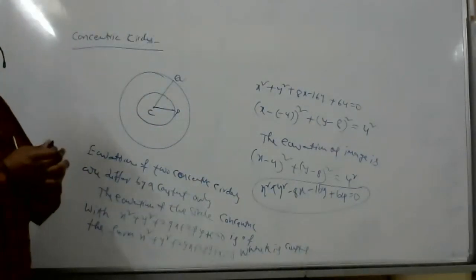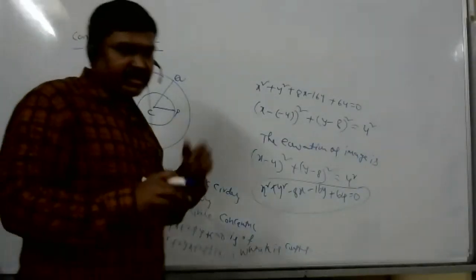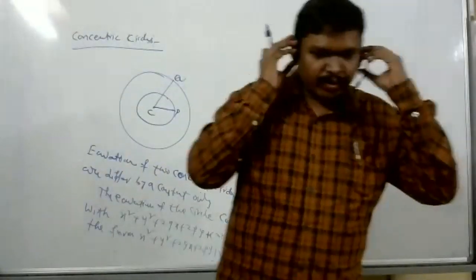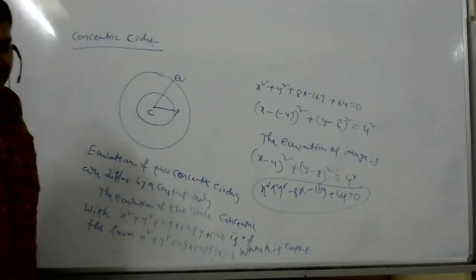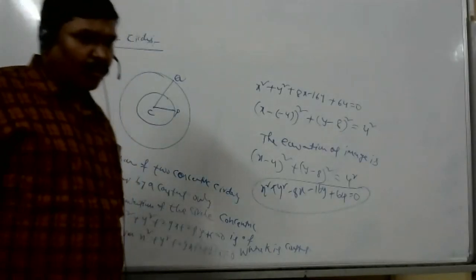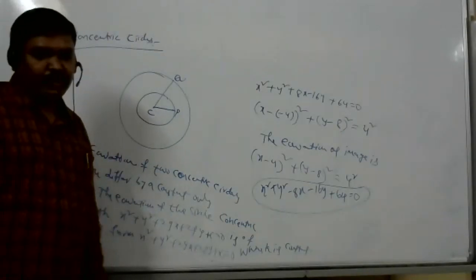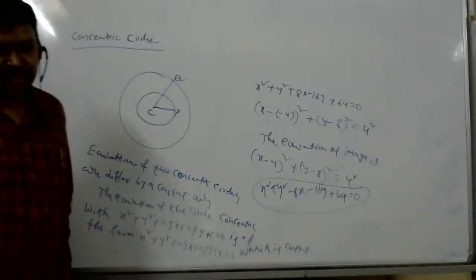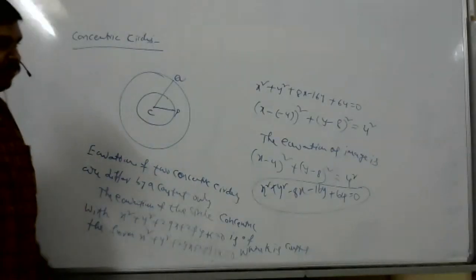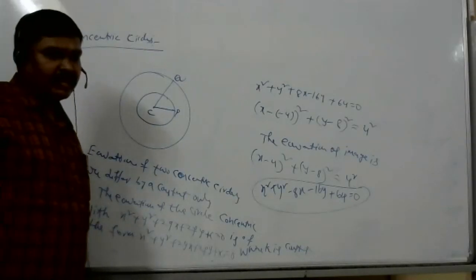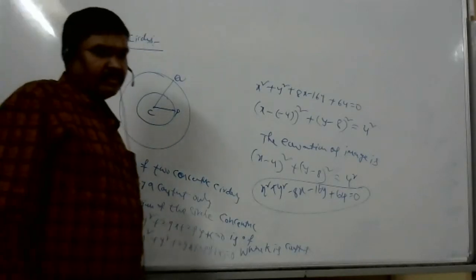Definition, note down: concentric circles means two or more circles are said to be concentric if they have same center and different radii.